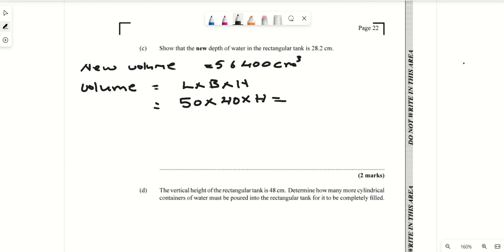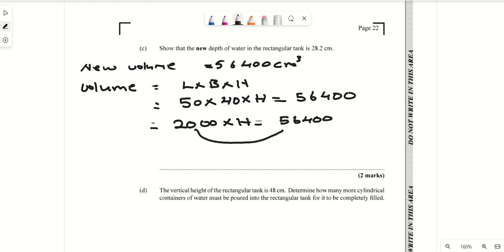When we multiply all of this, you're supposed to get 56,400. So 50 by 40 is 2,000. Times h is equal to 56,400. So we carry across this 2,000.